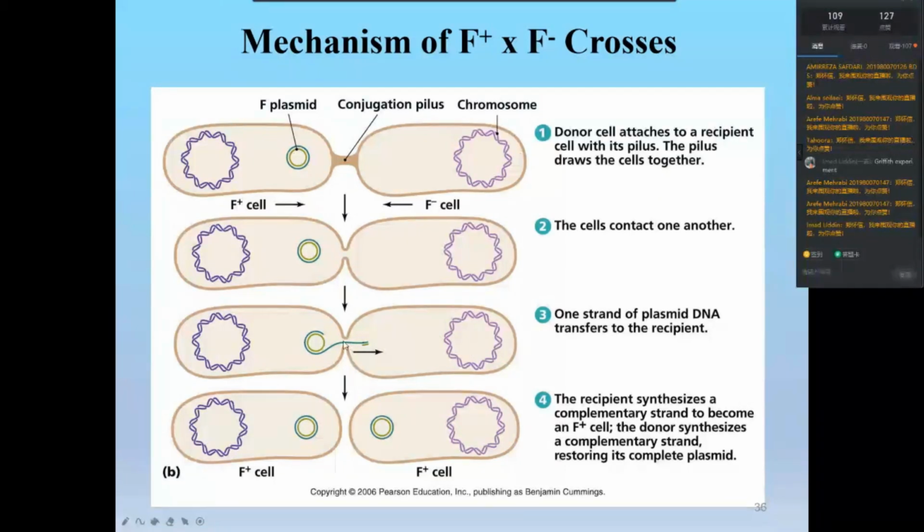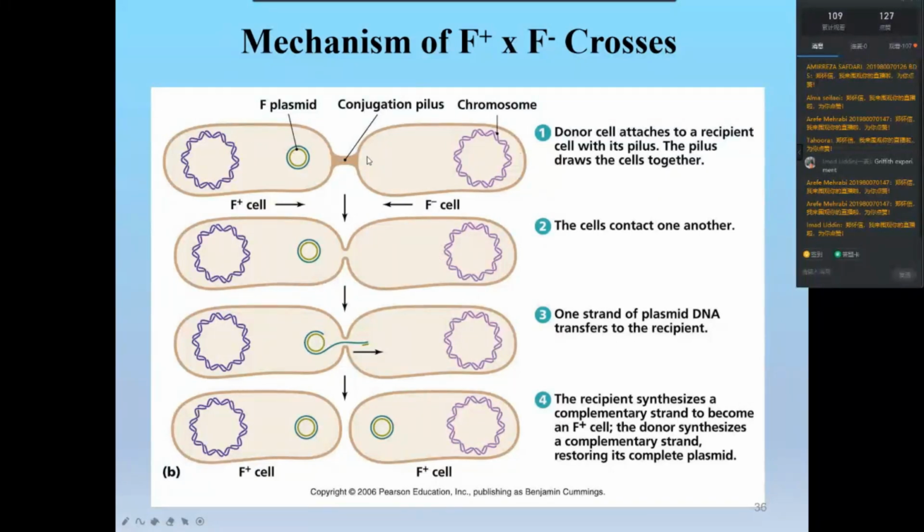And you know, the DNA transferred into the cell is single-strand DNA, and then a double-strand DNA will be made based on the single strand. Now you have two cells carrying the same plasmid, the F plasmid, right? So both of them now are F plus, F positive, and both of them now can express sex pili.